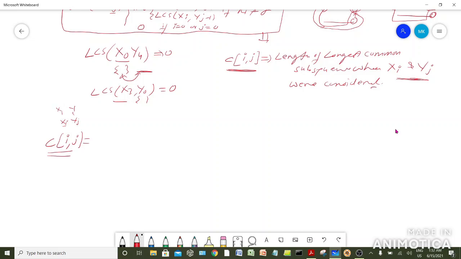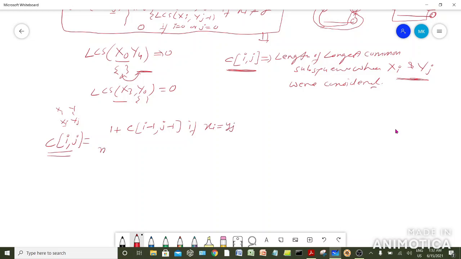So it is going to be equal to 1 plus C of (i-1, j-1) if x of i was equal to y of j.